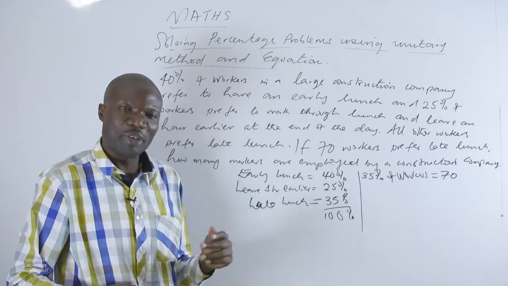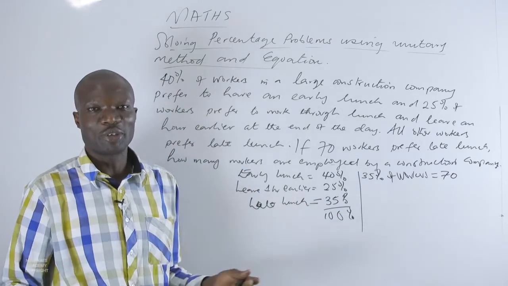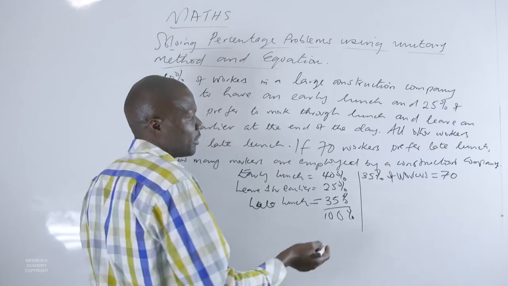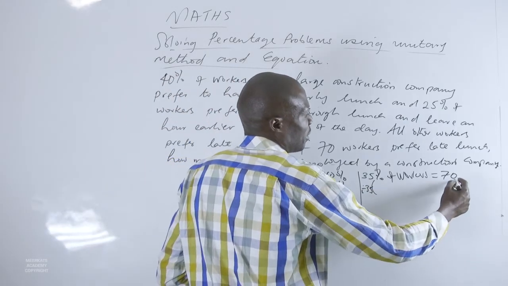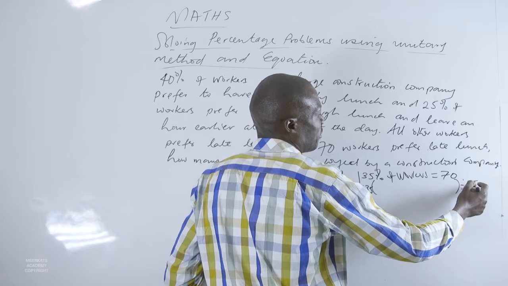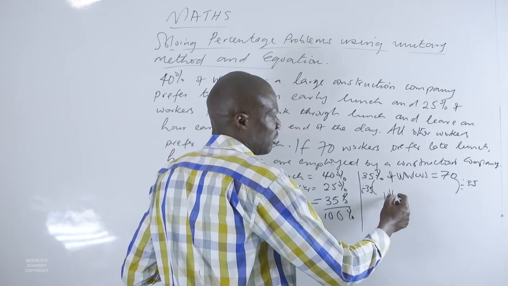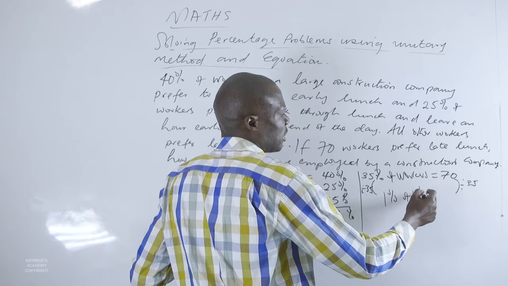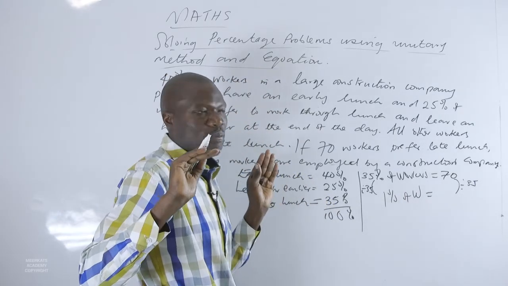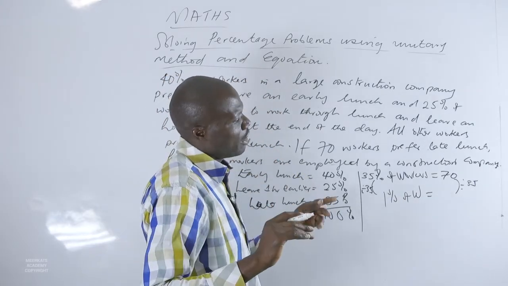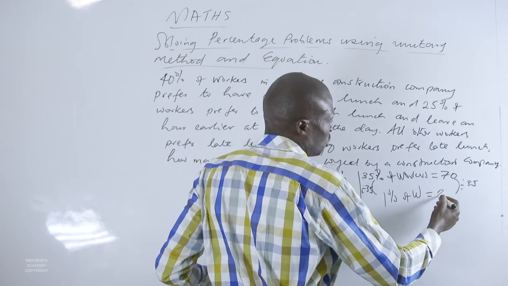Using the unitary method, we divide this by 35. You'll find that 1% of workers is the same as 70 over 35, and 70 over 35 is 2.